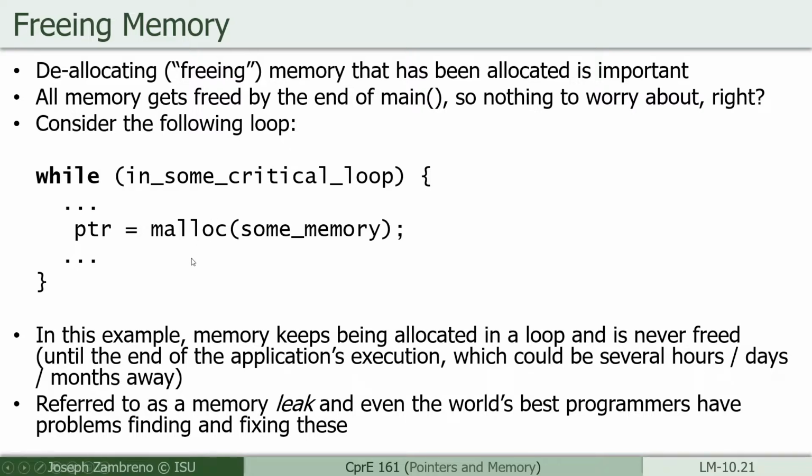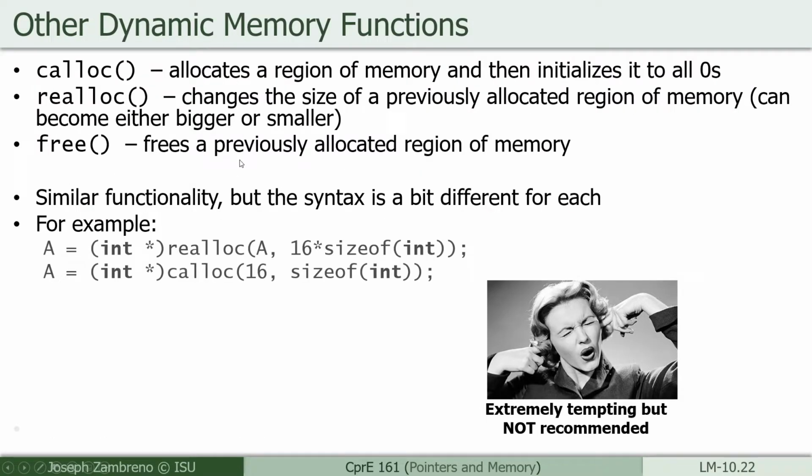So we have our malloc call, we have our free call, and then we also have two other dynamic memory functions we have to be aware of. There's calloc. It's like malloc, except it initializes it all entirely to zeros. Then there's realloc, which we will be using more, which changes the size of some previously allocated region of memory.